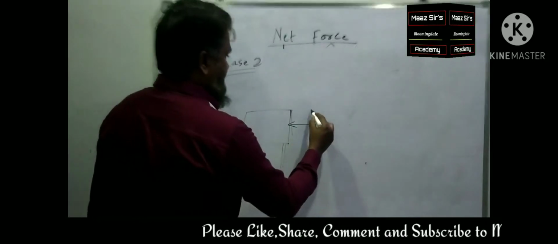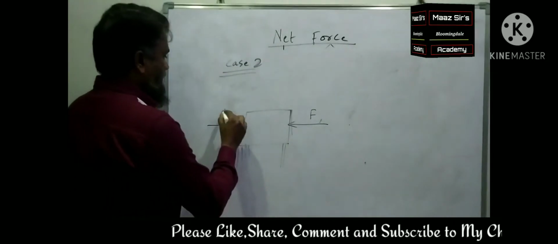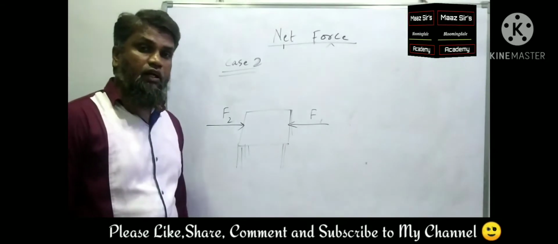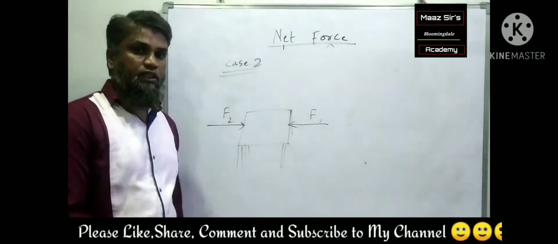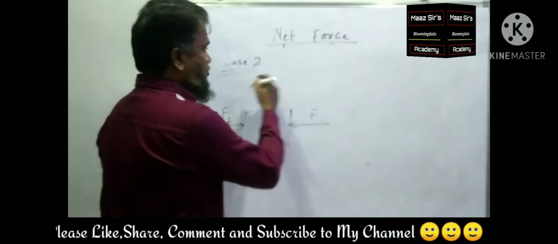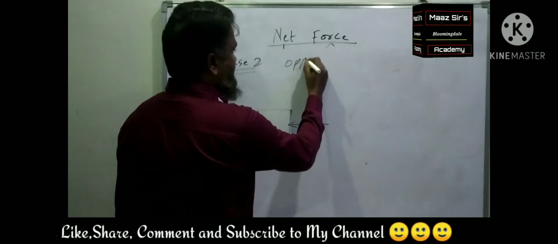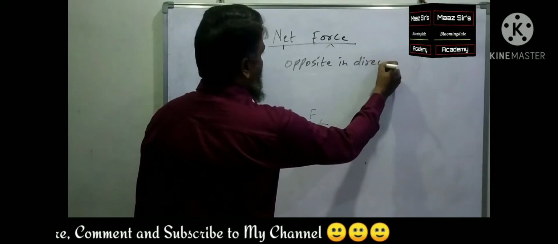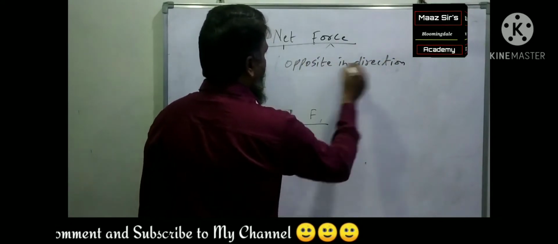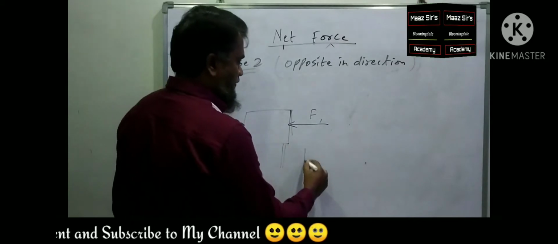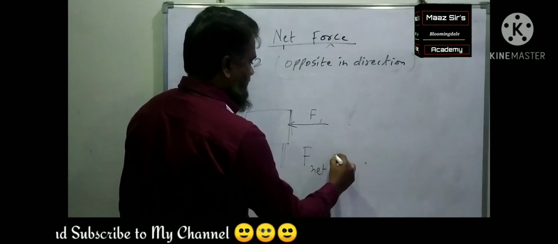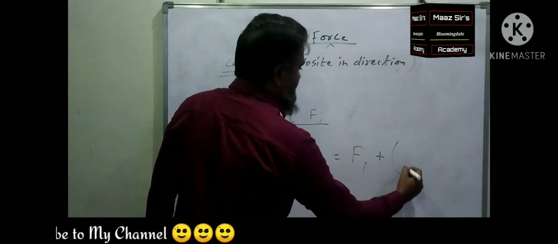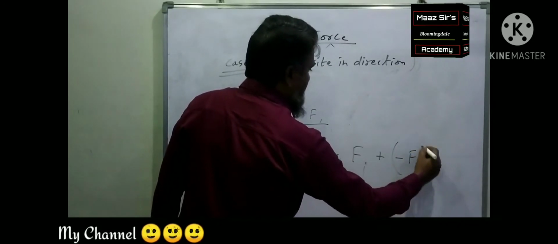Let us say this is F1 and this is F2. Now we have to find the net force in case 2. The forces are opposite in direction. So when the forces are opposite in direction, what do we have to do? F net is given by F1 plus minus F2.